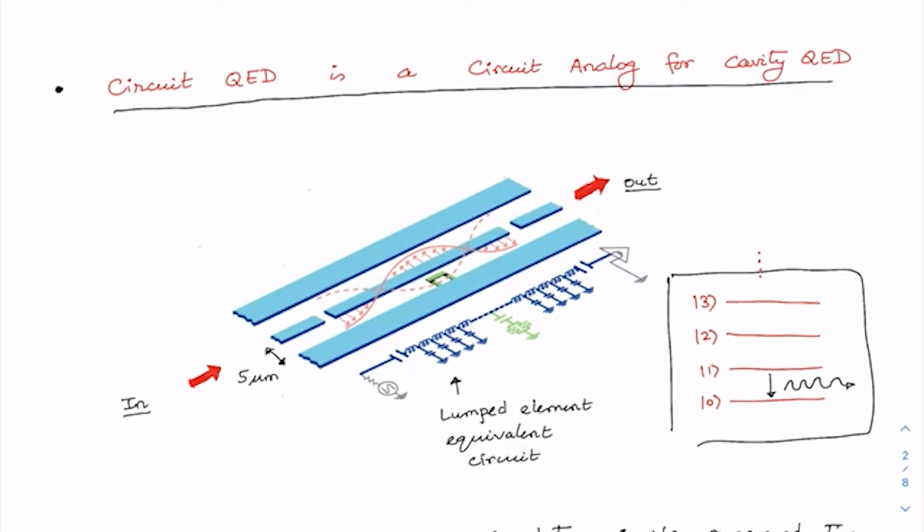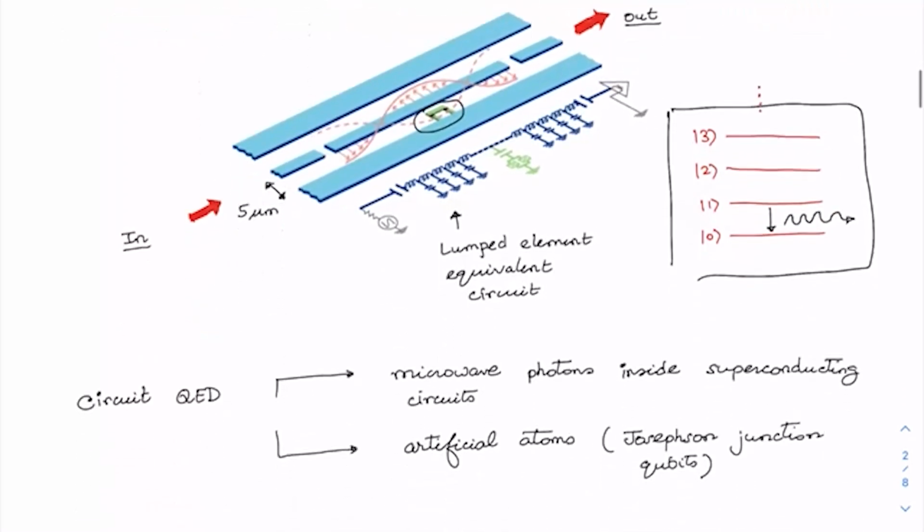In circuit QED, the circuit element, for example this particular one, which we will understand later in clearer terms, is a kind of small antenna about a millimeter long that splits into two halves, and these two halves are connected by a small circuit element called a Josephson junction.